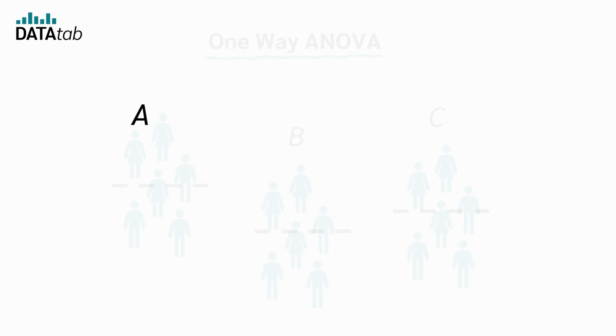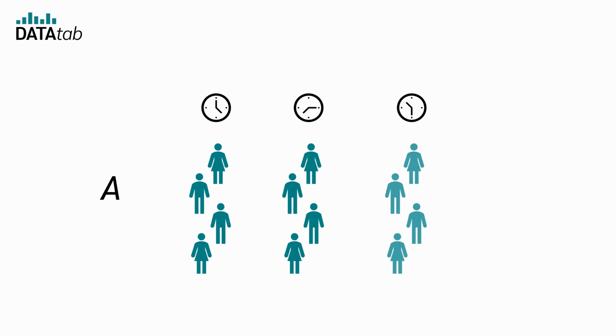Now, of course, we could also examine the impact of one diet across multiple time points. We could measure the cholesterol levels of each participant at the start of the diet, after 2 weeks and after 4 weeks. So the factor time has the 3 levels start, 2 weeks and 4 weeks. And in this case, the same subjects are being exposed to all levels of the factor.